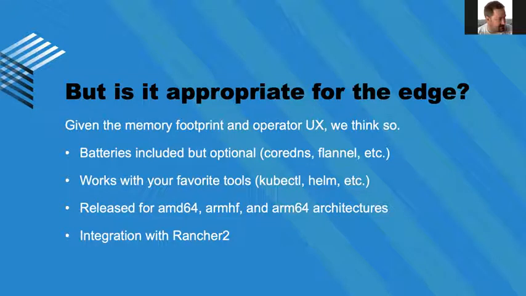So if you want to replace core DNS because the installation doesn't do what you want it to do, or you want to run some other services, kubedns, you're free to do that by disabling core DNS. If you don't want to run with Flannel or Traefik, you can run with other things by disabling them and making sure that they get deployed early by the manifest drop-in directory. So that's really powerful flexibility, as well as good reasonable defaults.